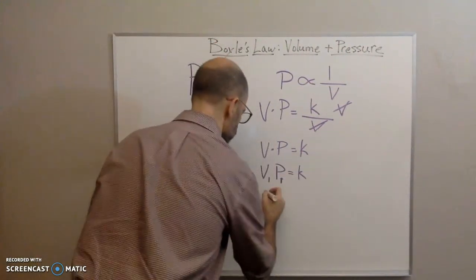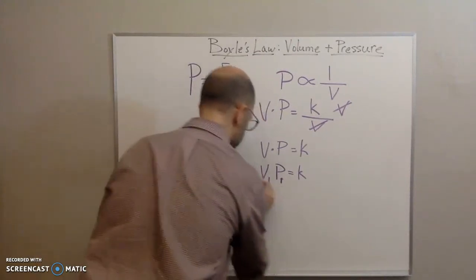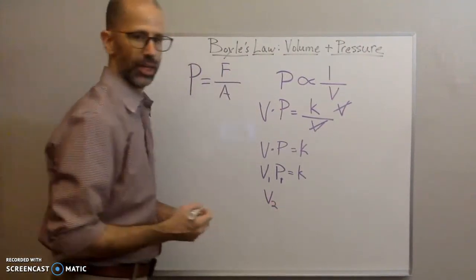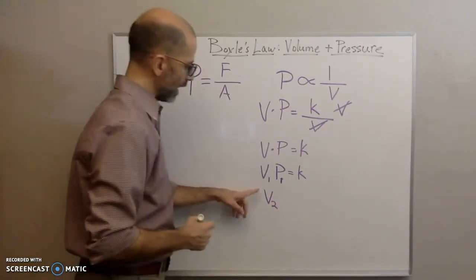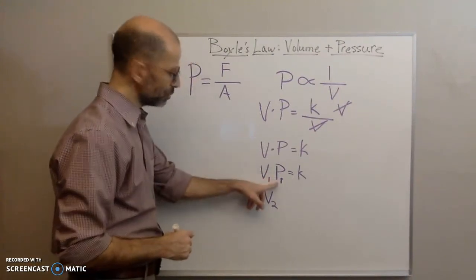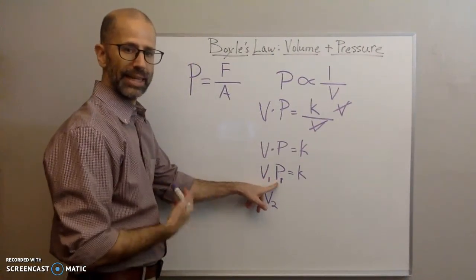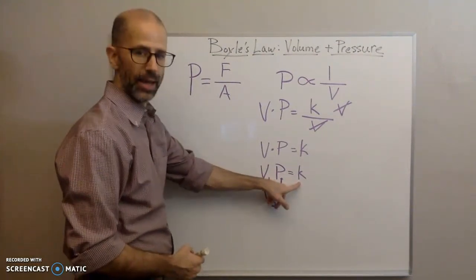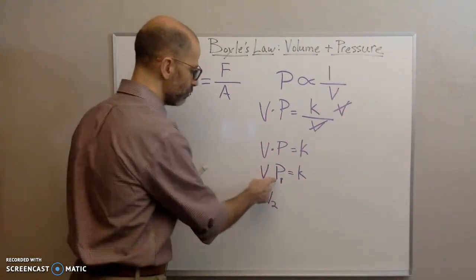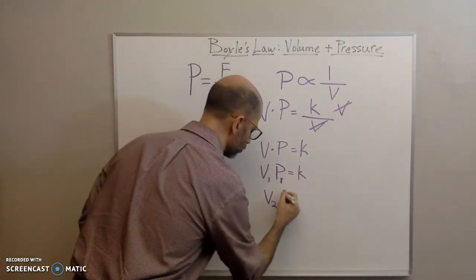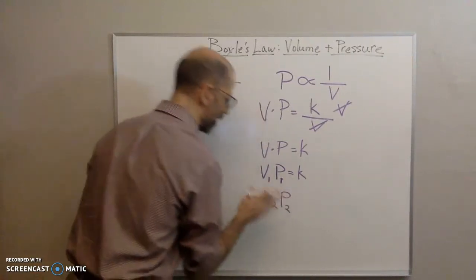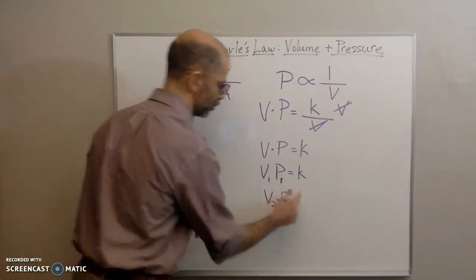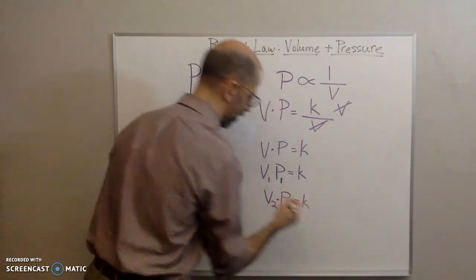So whatever I change it to, we'll call it V2. That means this pressure has to change in such a way that I still get K, the constant. Whatever that pressure is, we'll call it P2. That P2 has to be such that when I multiply my new volume and my new pressure, I should still get K.